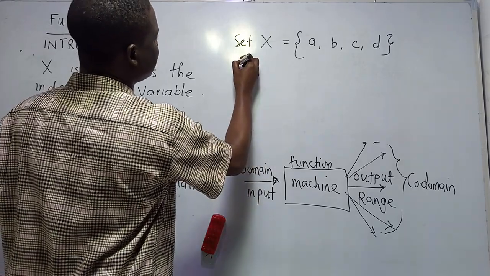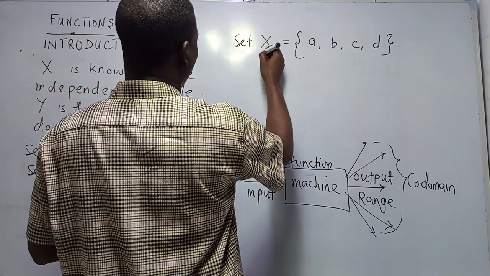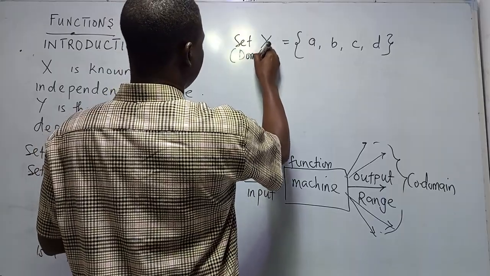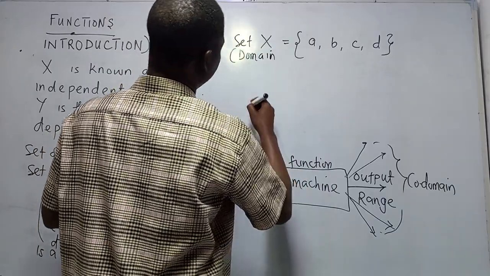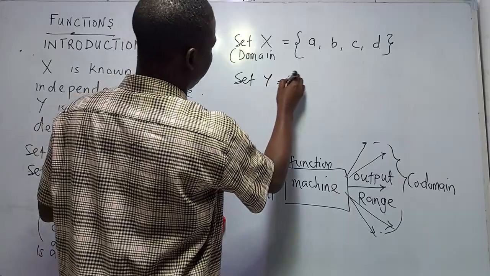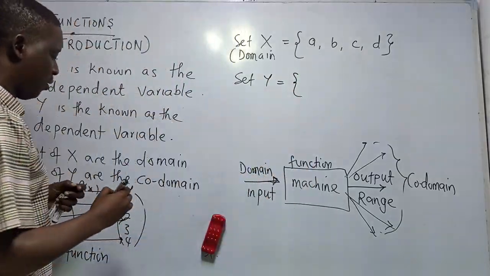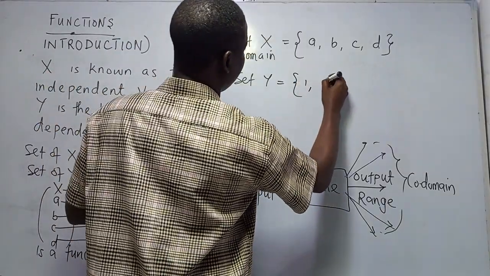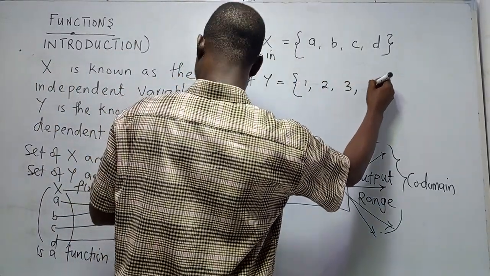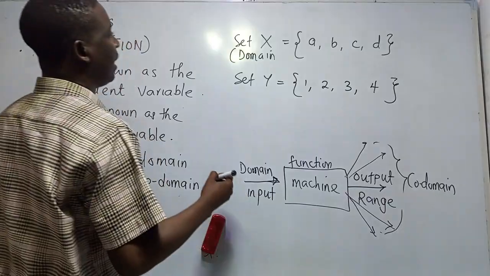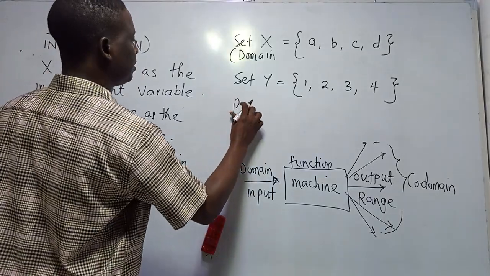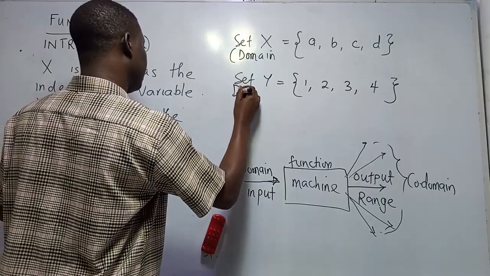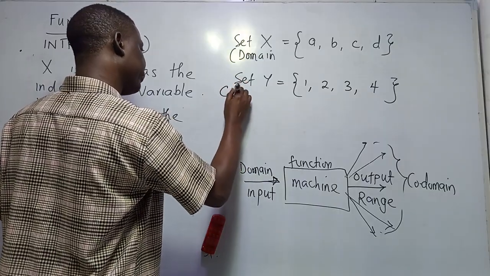Now let's say set X, which is the domain, has all these members. Let's say set Y. Set Y will now be 1, 2, 3, 4.